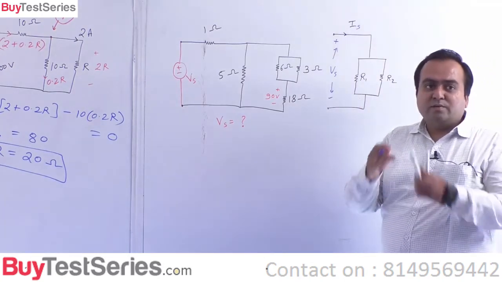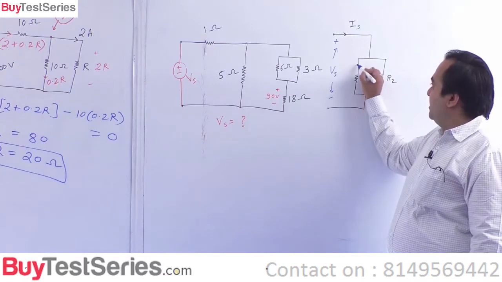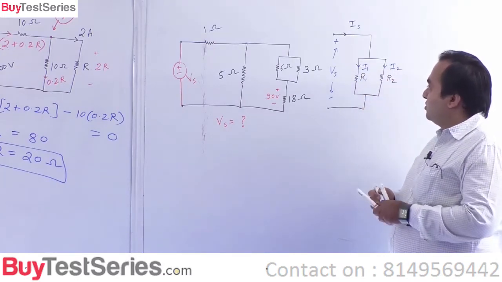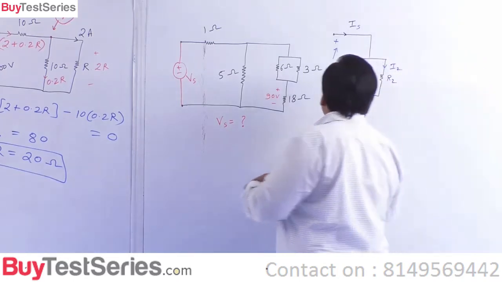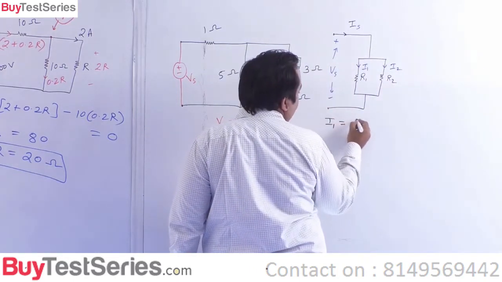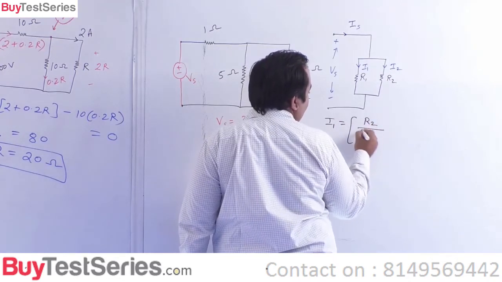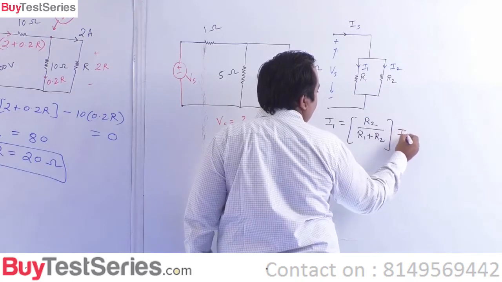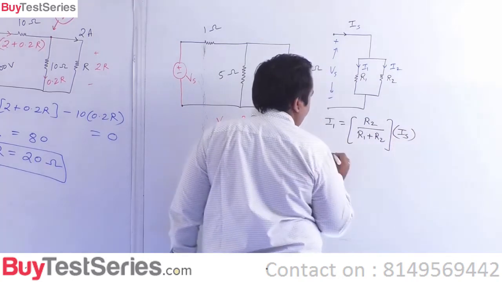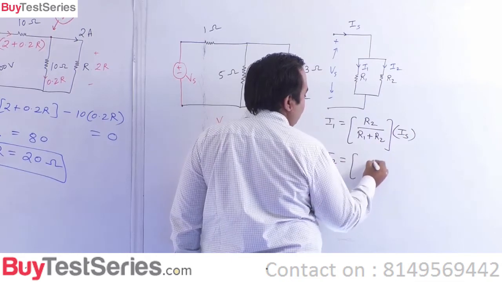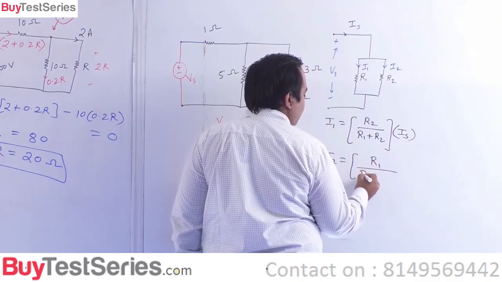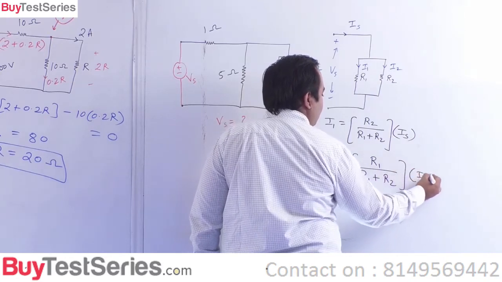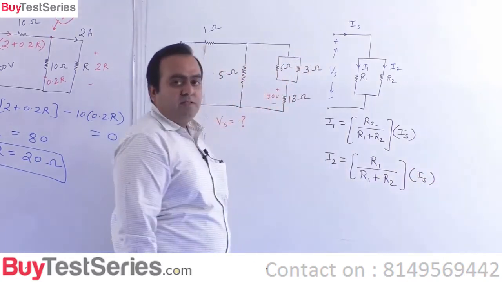This current Is is divided between the two resistances. So this has to be I1 and this has to be I2. So as you know, I1 is and I2 is it's like this. Is this okay?